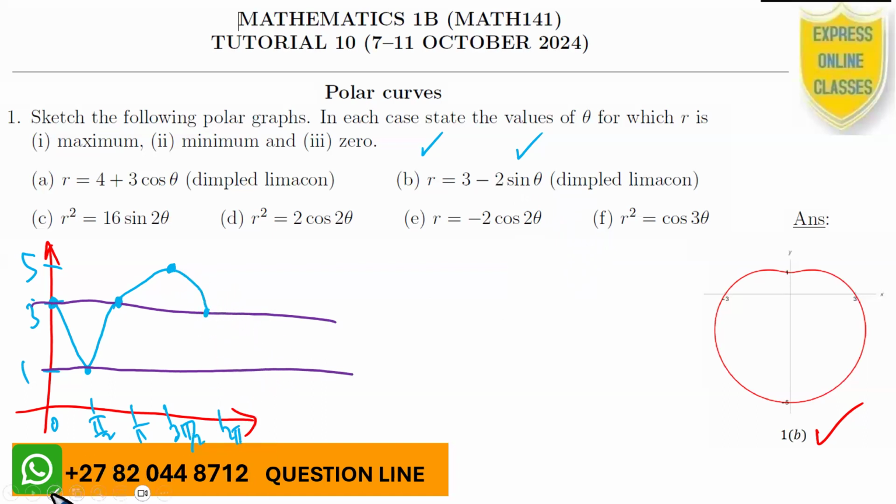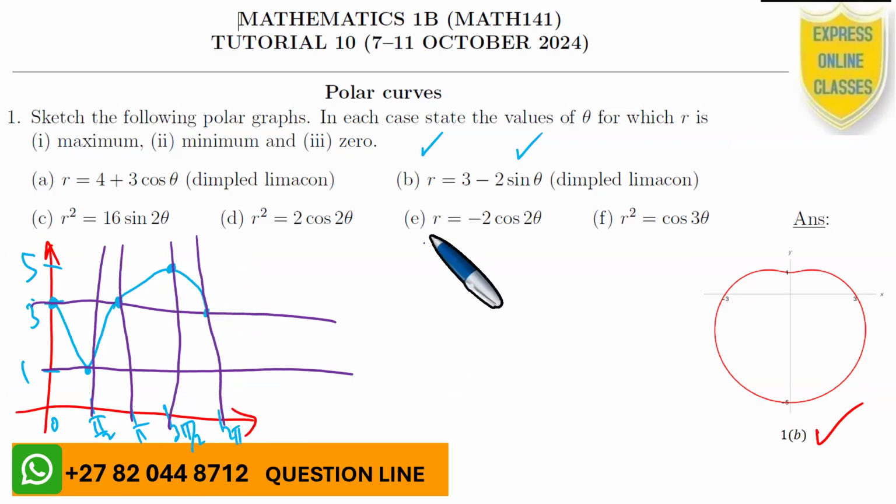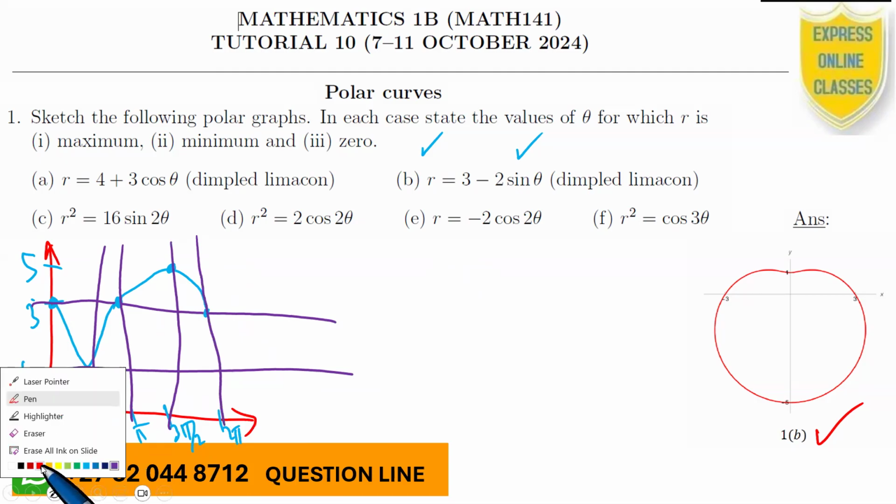All right. So let us examine this one. So we have the following.